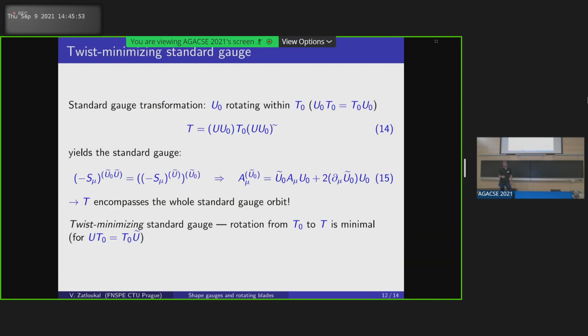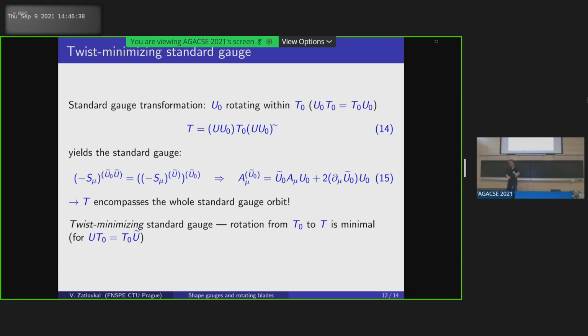Okay, I don't know, maybe not much time, but the interesting thing about this way of approaching is that at the capital T there is some ambiguity, of course, how to choose the rotor U that translates between the constant plane T0 and this rotating blade T. So for any rotor U that does this, we can have also some U0 part which rotates only within the T0 plane, and the result would be the same.